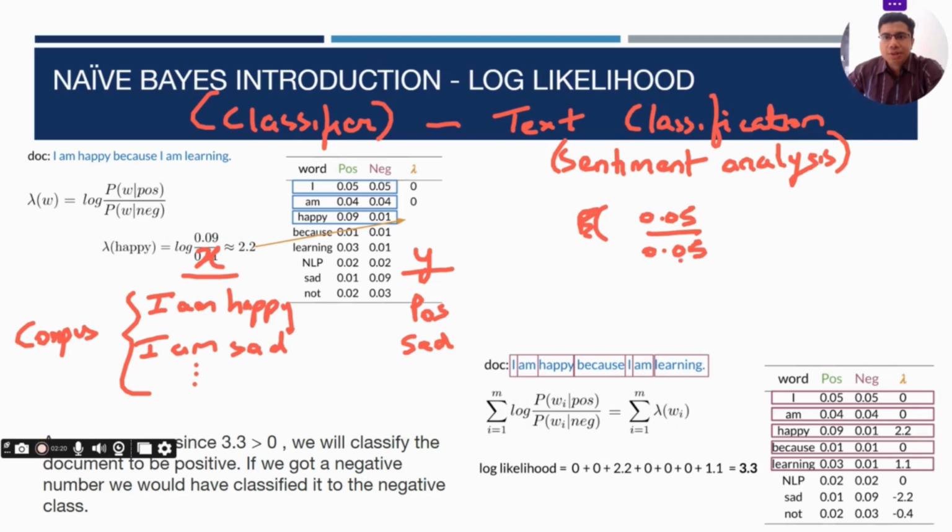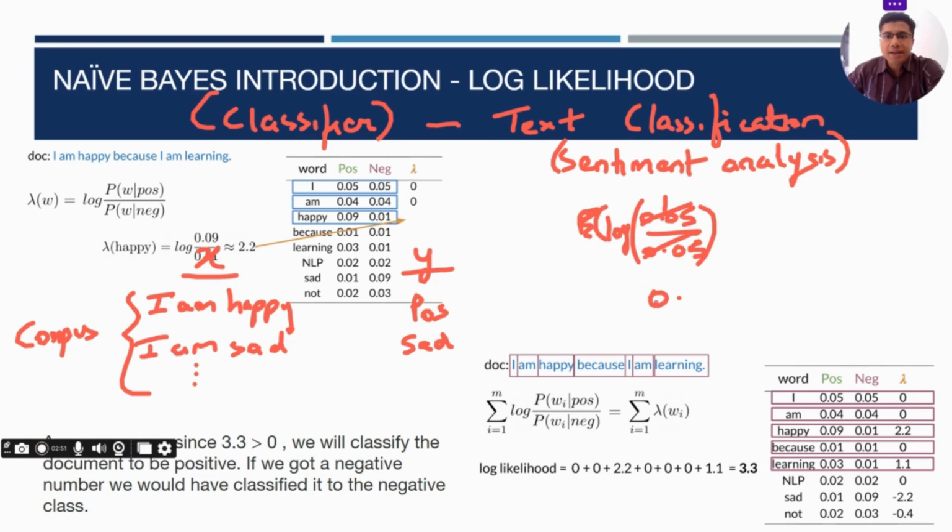So there is an equal probability that I occurs in positive as well as in negative, because I is a general word, it can occur in any sentence. So the probability is the same for positive and negative. When we take the log of this ratio, we get 0, because the probabilities cancel and we get log of 1, which is 0.